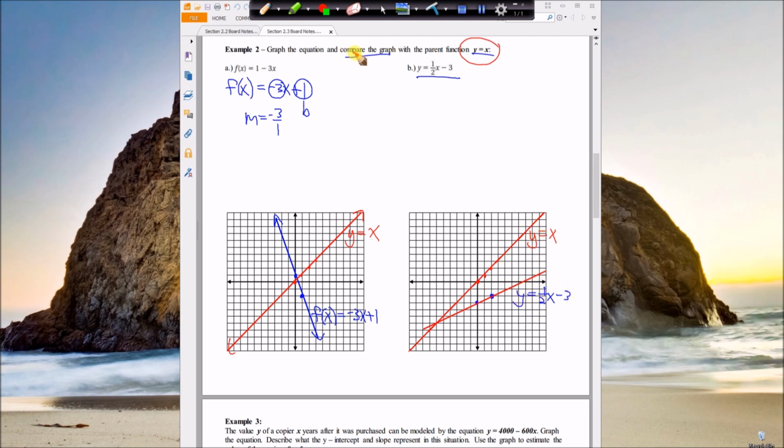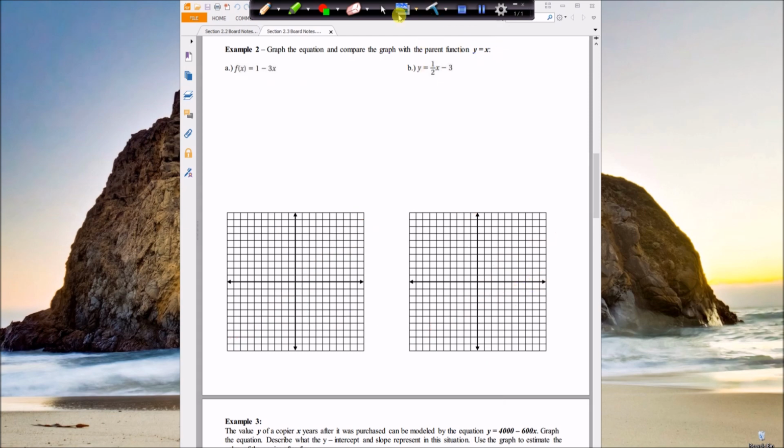If you compare them again, you can see that our function has moved down 3 units, and its slope is 1/2, it's not 1. So it's rising a lot slower than the parent function y equals x, and its y-intercept was transformed 3 units down.